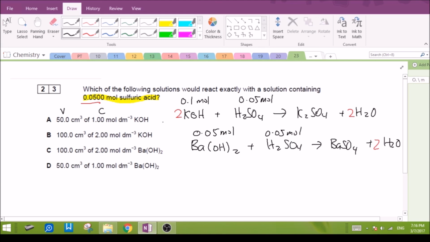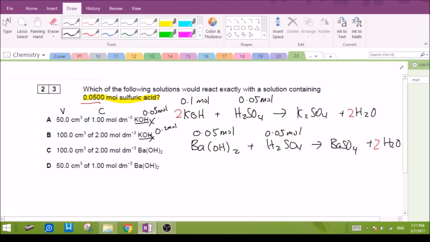So the first one only gives us 0.05 moles of potassium hydroxide. We need 0.1, so this is incorrect. The second one, 100/1000 multiplied by 2, gives us 0.2 moles of potassium hydroxide. Again, not what we want. We want 0.1. So A and B are incorrect.